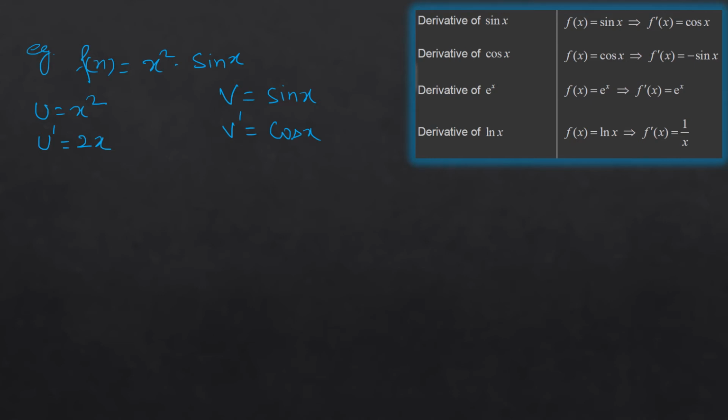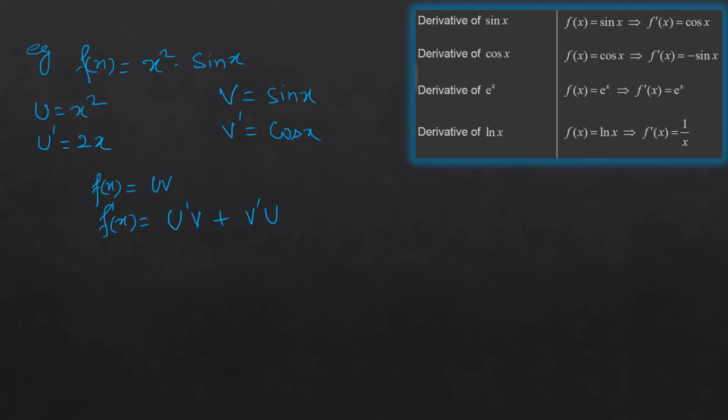Now I will plug it back into the formula. Whenever we have f(x) equal to uv, my f dash x is equal to u dash v plus v dash u.